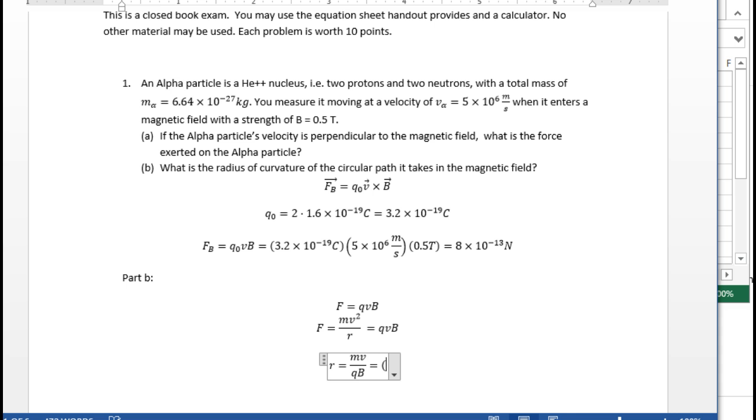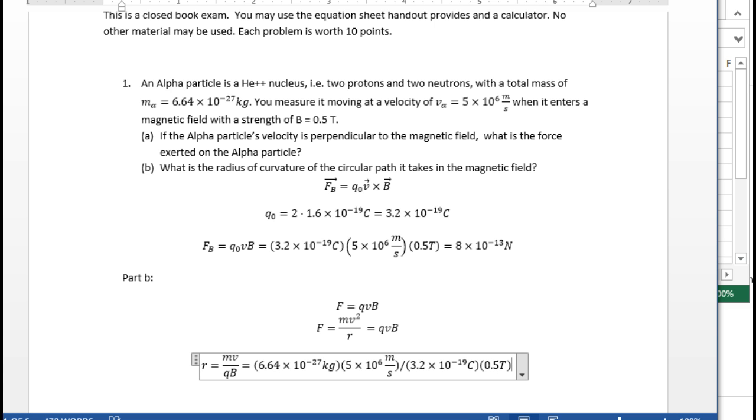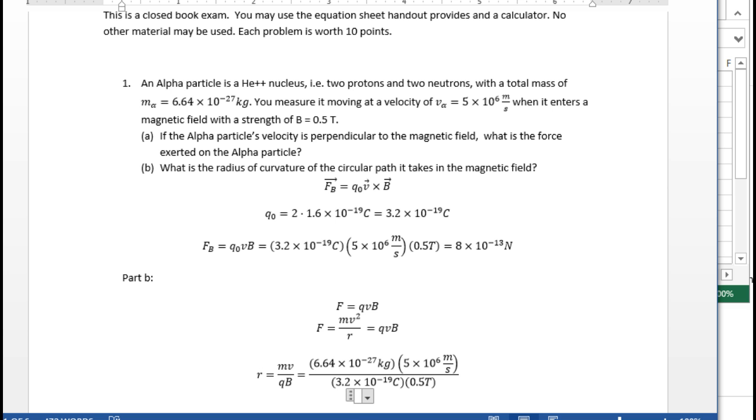So 6.64 times 10 to the minus 27th kilograms times 5 times 10 to the 6th meters per second divided by the charge, right? 3.2 times 10 to the minus 19th coulombs, and the magnetic field 0.5 Tesla.